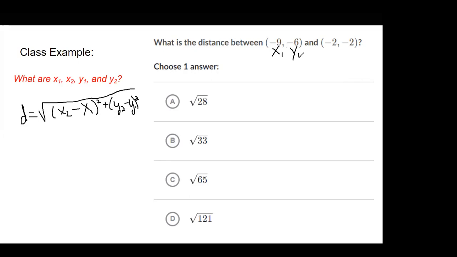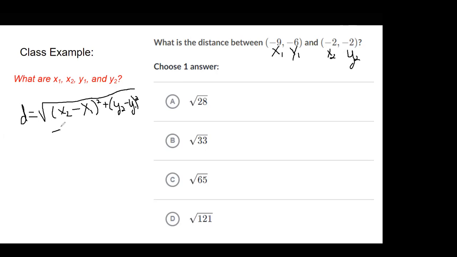So x1, y1, and then -2 is x2, y2. Okay, so what do you think we should do next? Yeah, plug them into the formula, right? And subtract. So I'm going to go ahead and do that.